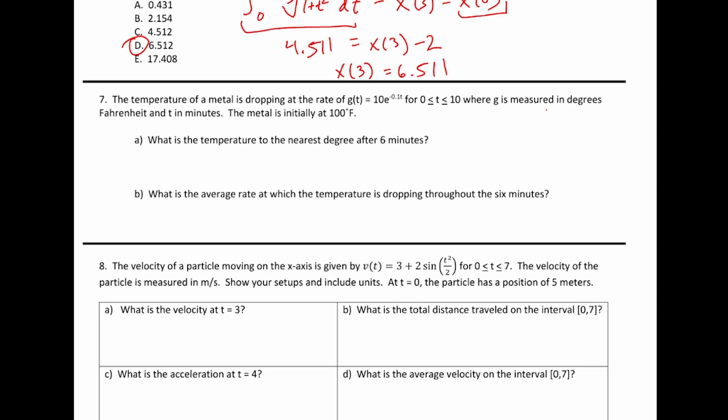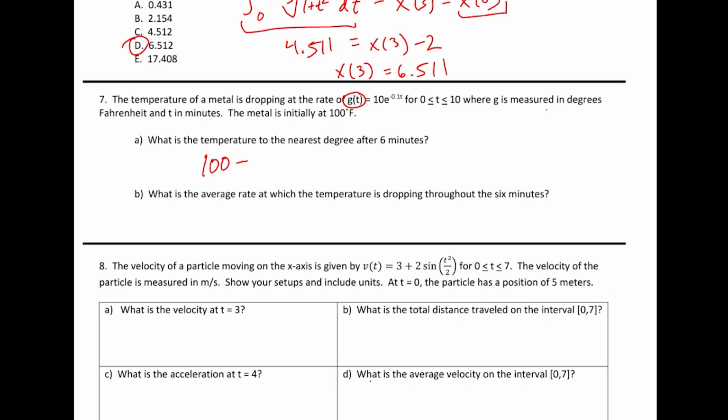So first, let's start with the original temperature of the metal, which was 100 degrees. And then the temperature is dropping at a rate given by g of t. Now, to find the net change in temperature, we need to integrate g on the interval that we want to know, how much is it actually changing. So it's dropping, so we're going to subtract whatever we have there.